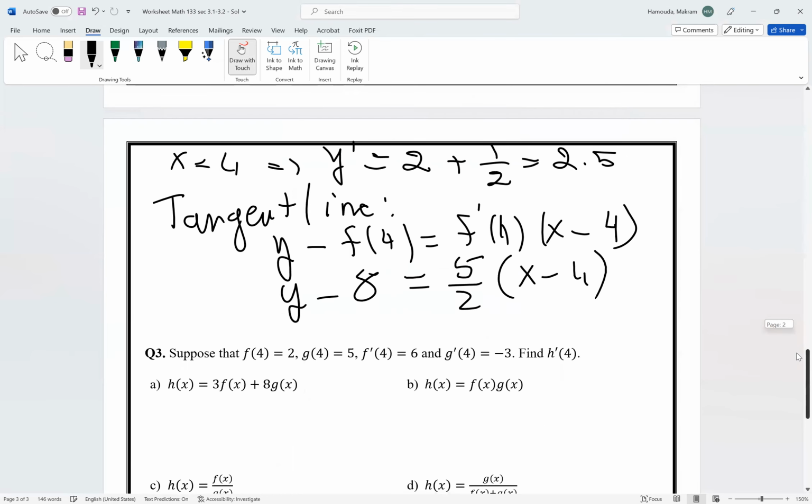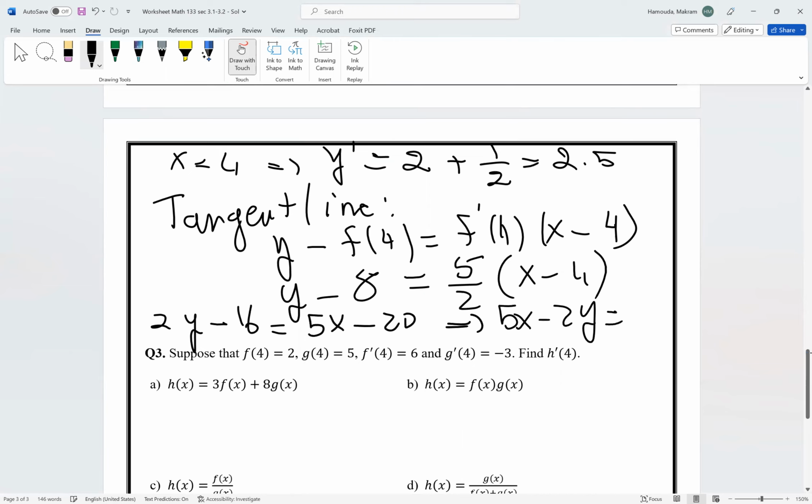And if I want to simplify this equation, I will multiply everything by 2, then it will give 2y minus 16 equal to 5x minus 20. So this means that it is 5x minus 2y equal to minus 16 plus 20, that means 4.